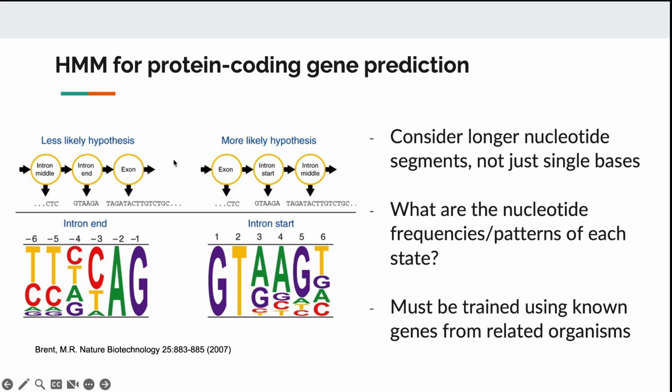And notice that if you assign this as intron end, because of the structure of the gene, you are forcing the next part to be an exon. Because you just ended an intron, so you need to start a new exon. If you assign this as an intron start, you are essentially forcing the next part to be the body of the intron, and the part before that to be an exon.